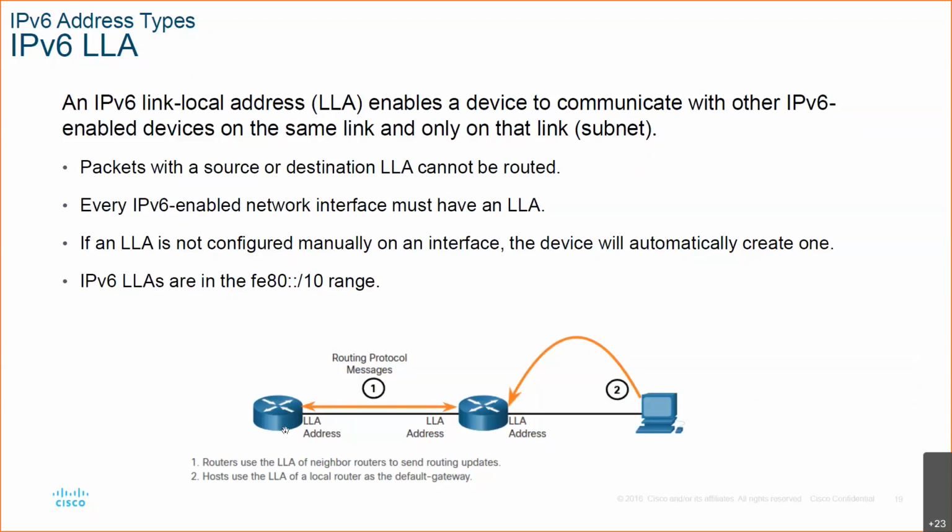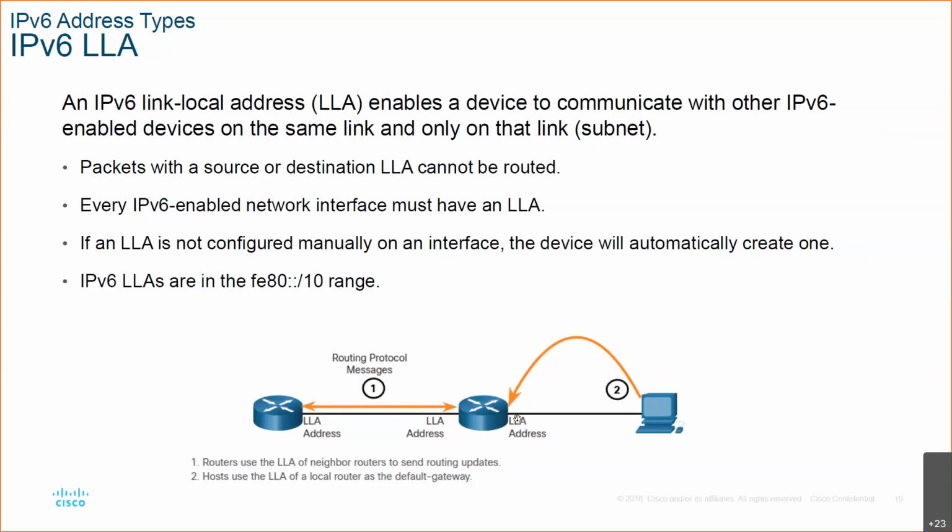Your routers, when they communicate with each other, talk to each other and get each other's IP version 6 link local address. Your PC communicates with your router's gateway and gets the link local address of that gateway.